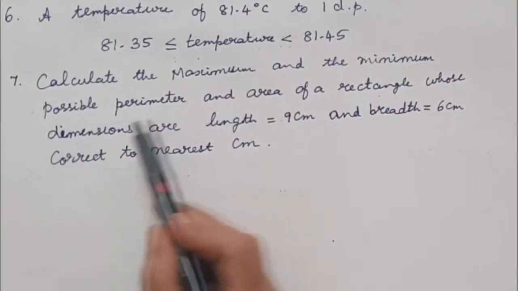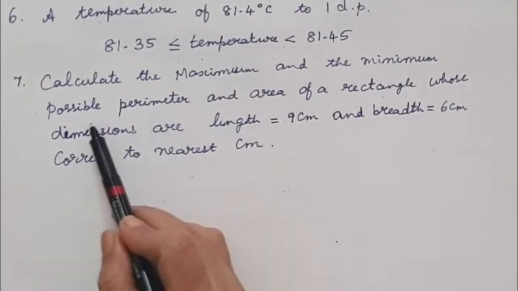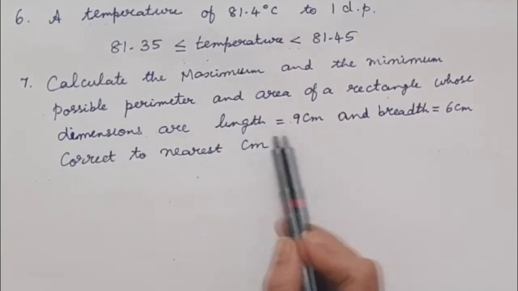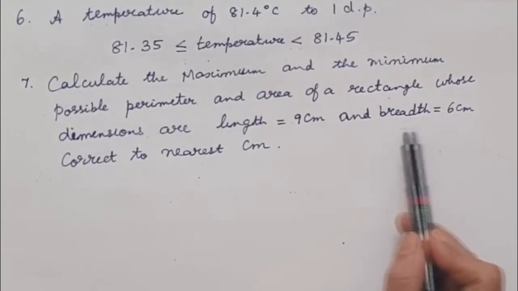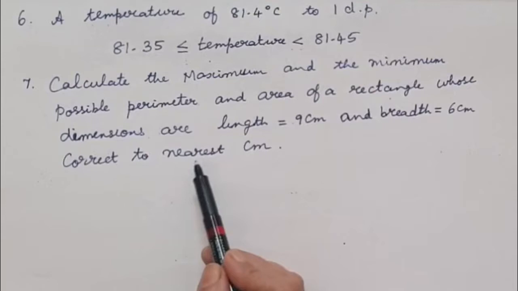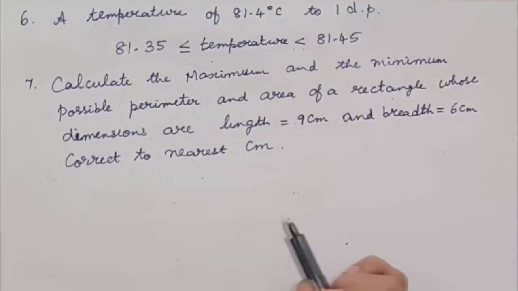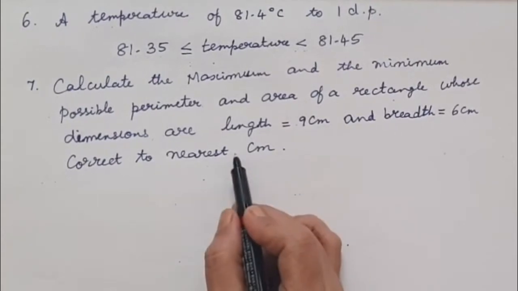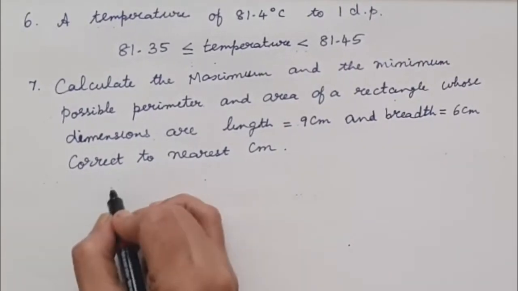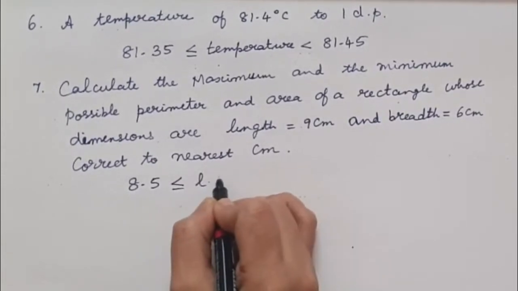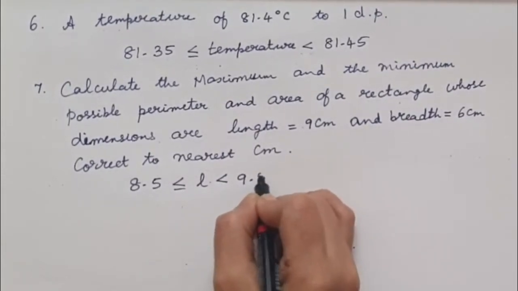The seventh question, calculate the maximum and the minimum possible perimeter and area of a rectangle whose dimensions are length equal to 9 cm and breadth equal to 6 cm, correct to the nearest centimeter. That means both the length and breadth are correct to the nearest centimeter. So nearest centimeter, 1 divided by 2 is 0.5. So 8.5 less than or equal to the length is less than 9.5.